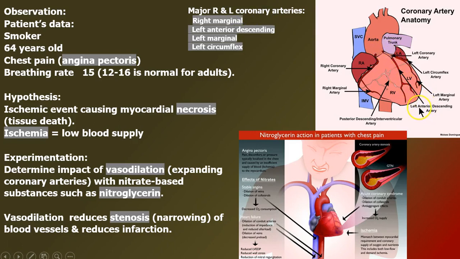Perfect word, because it's a front, downward-oriented artery. There we have it. Well, if it's on the right side of the patient, then we call it right marginal. If it's on the left, we call it left marginal. Circumflex, think of circumference, or going around something. This goes around to the back of the heart.